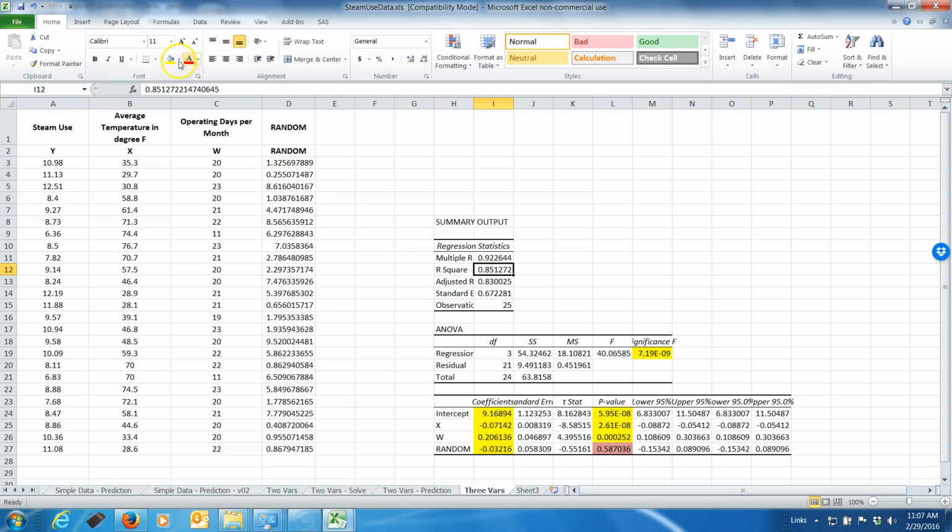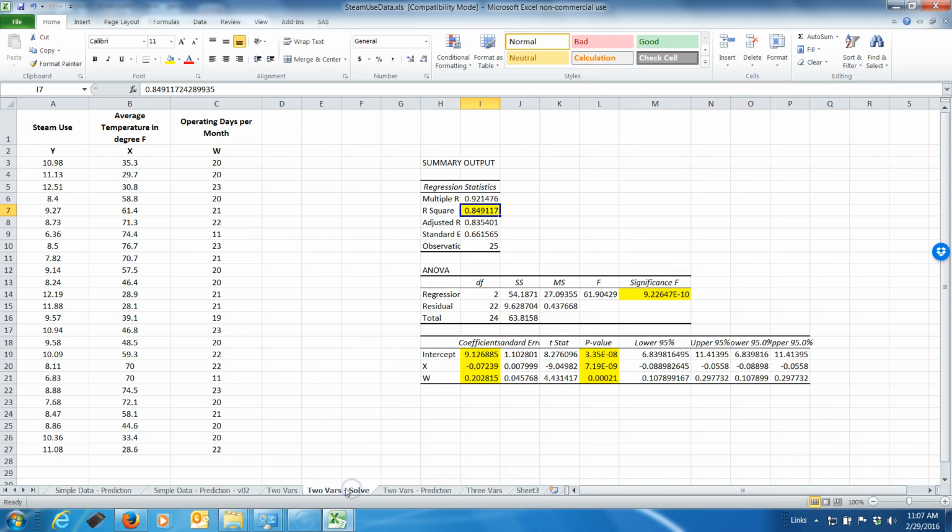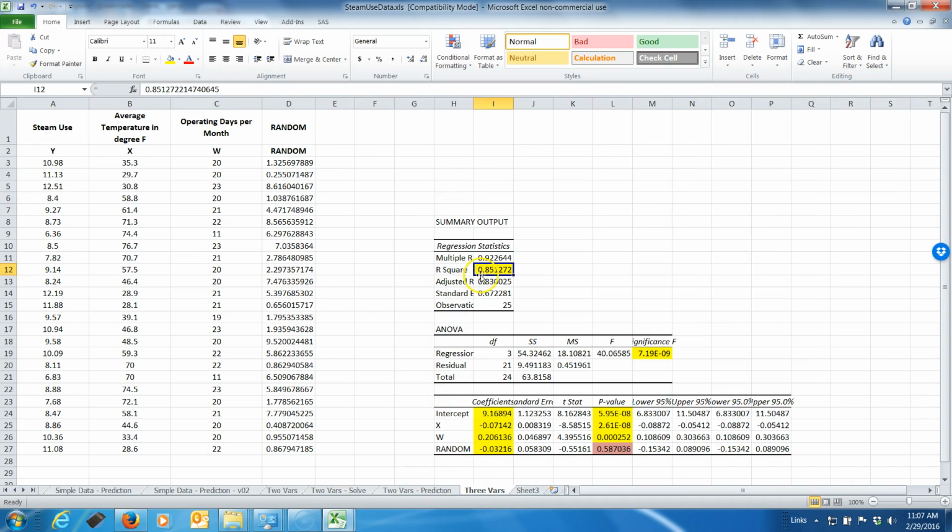Look, 85.1272. Let's compare that to this one, which is 84.9. So if we look at just the r-squared value, 85.12, this is a better one. So you would think that this is a better model if you just look at the r-squared.